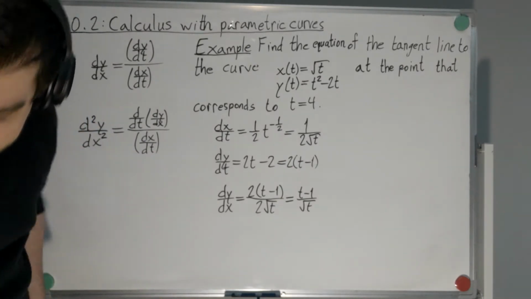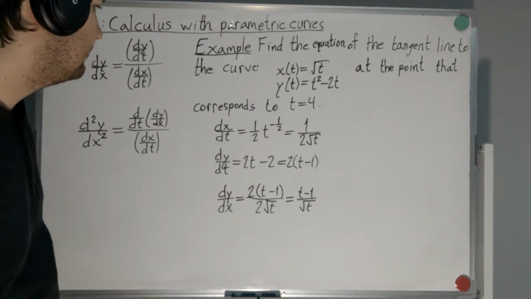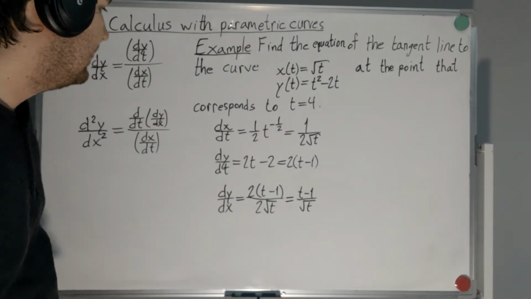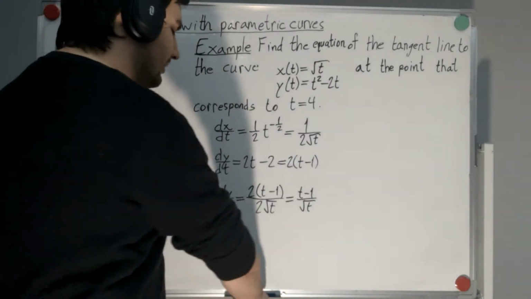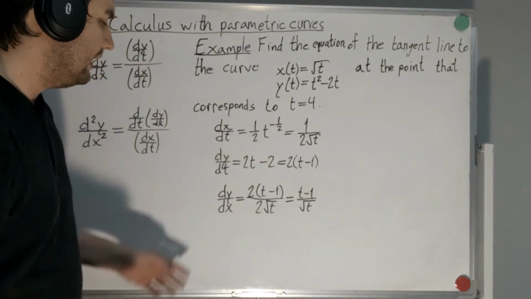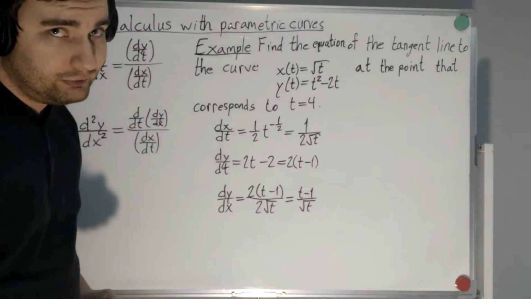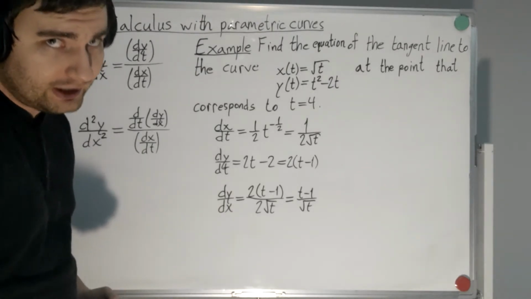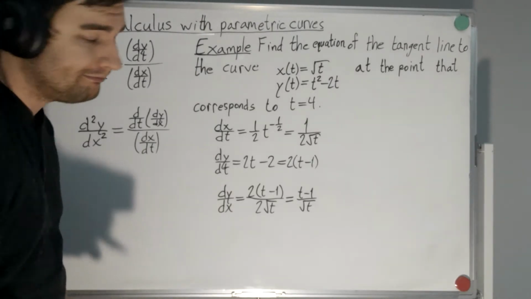So, wait a second. I did make a mistake. Sorry about that. What I have done is I have multiplied dy dt by dx dt, which is not what you should be doing. You should be dividing dy dt by dx dt.